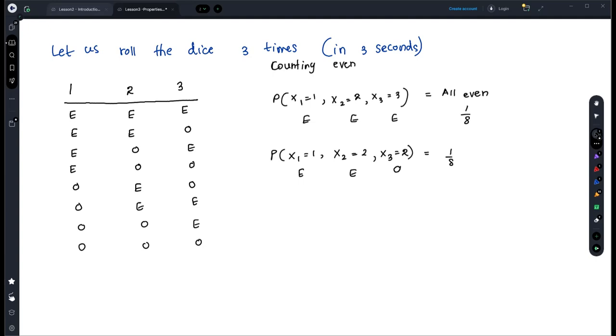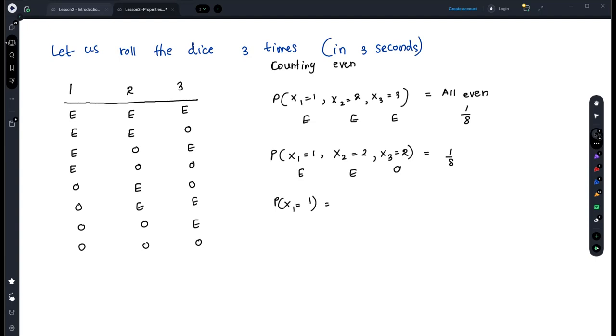Now, what is the probability that x1 equals 1? How do you explain that in words? You are tossing 3 times, probability that x1 equals 1.